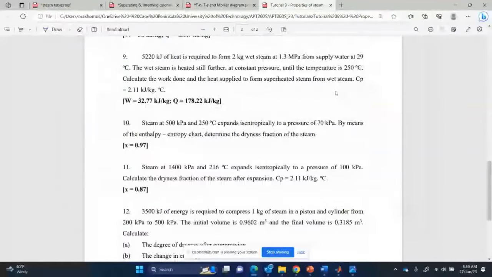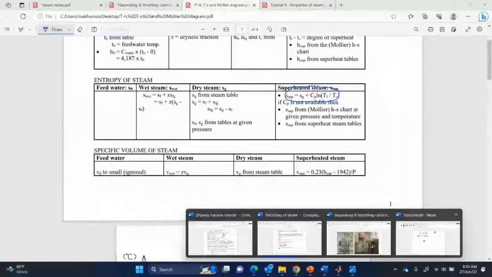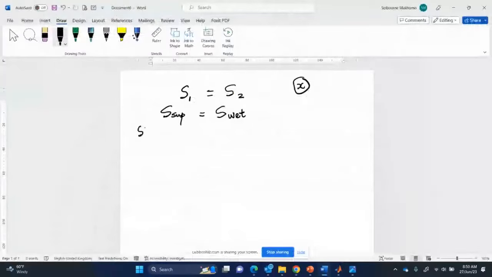So S superheated is equal to Sg plus Cp ln of T superheated over Ts. Now at which pressure?